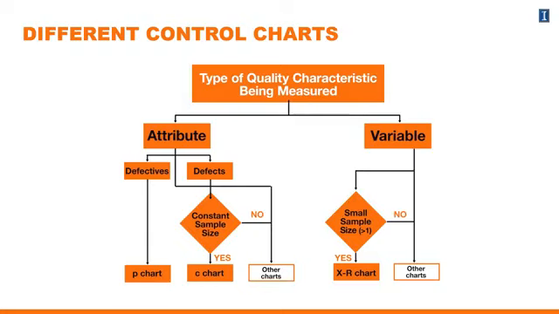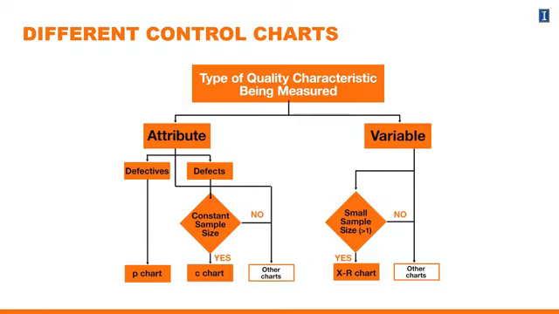On the other side, you have the variable type of control charts, and these are based on continuous distributions. So distributions where the decimal points have meaning, right? You're talking about length, weight, the viscosity of a liquid. Those are the kinds of things that you can actually measure. So this is going beyond saying I'm counting the defects or I'm looking at whether a product is defective or not. A variable control chart is actually looking at a particular aspect of that product or process and actually measuring it.